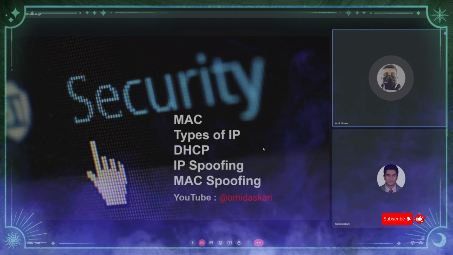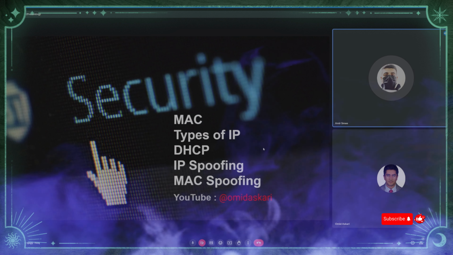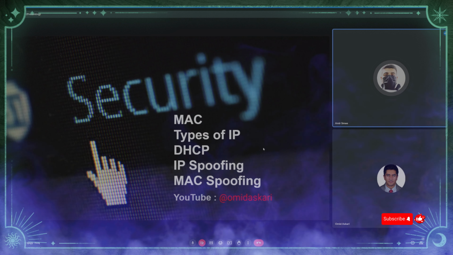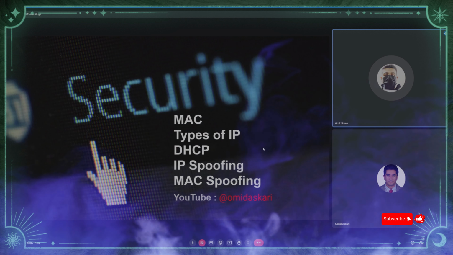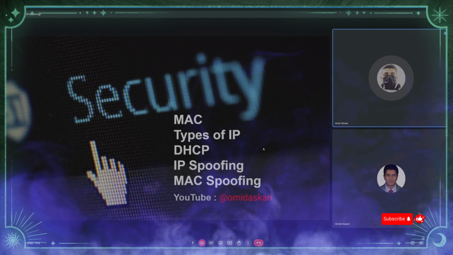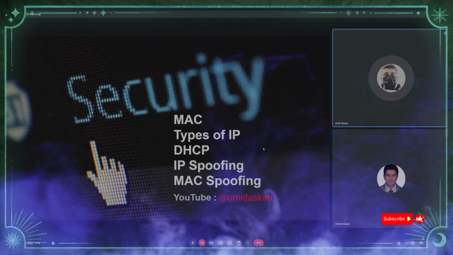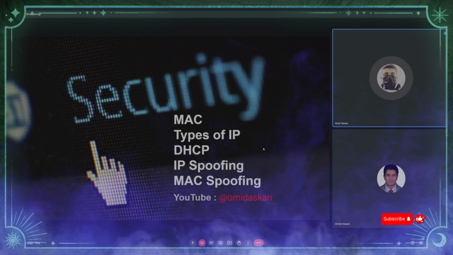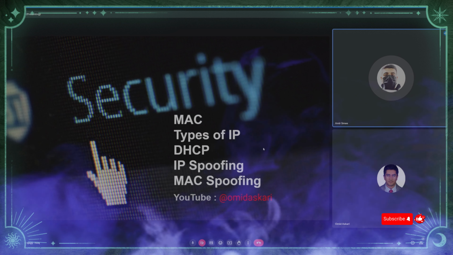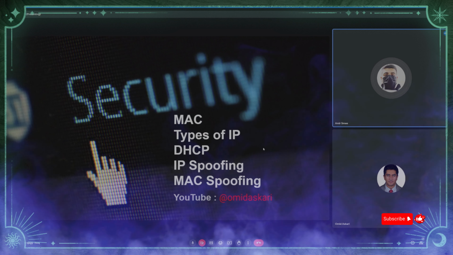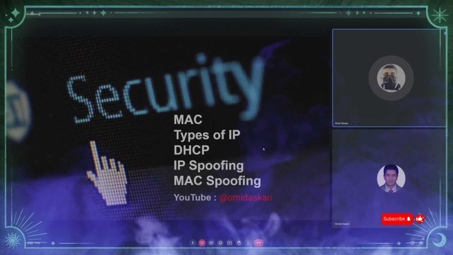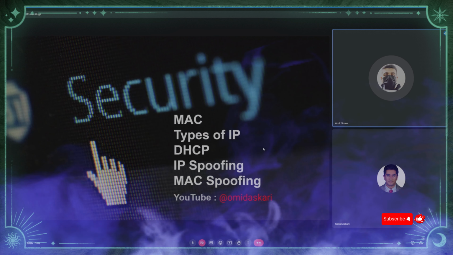If we don't want to manually enter the IP, for example sitting behind every computer in our organization and entering the IP manually, we bring a DHCP server, and the DHCP server automatically gives an IP to the computer. True. Do you know the meaning of DHCP?